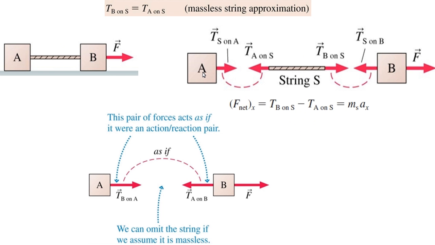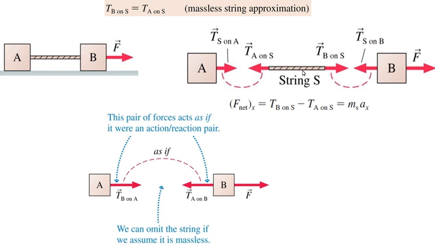Ignoring any vertical forces and ignoring any friction, the force acting on A would be the tension force of the string on A, and the forces acting on B would be the tension force of S on B to the left, and then the force F acting on B to the right.